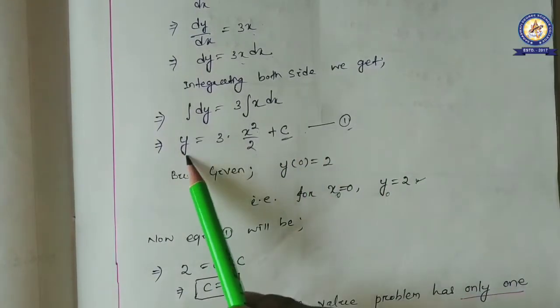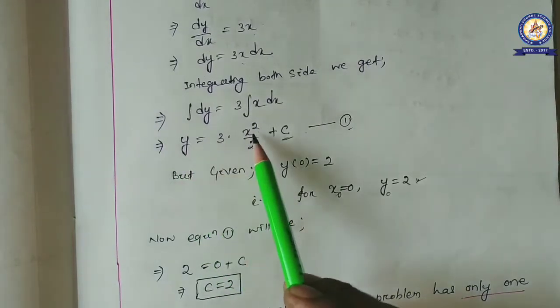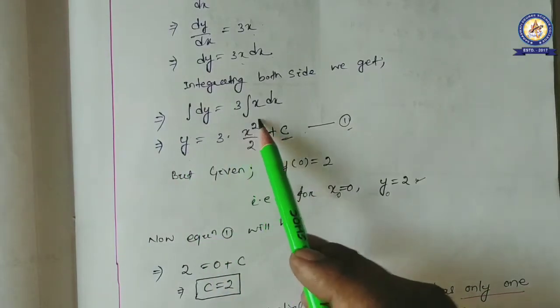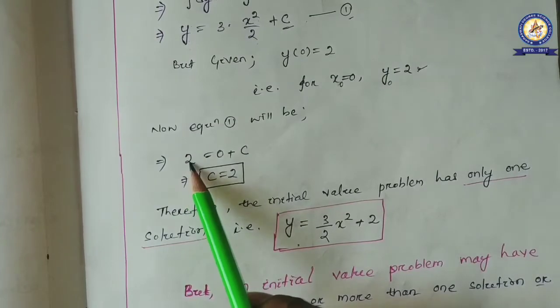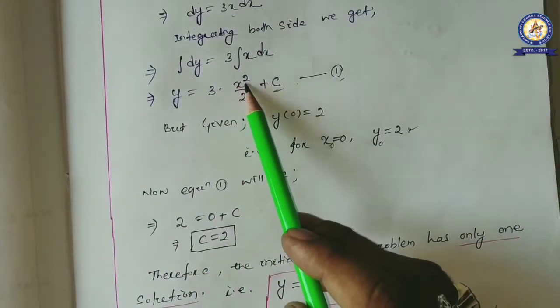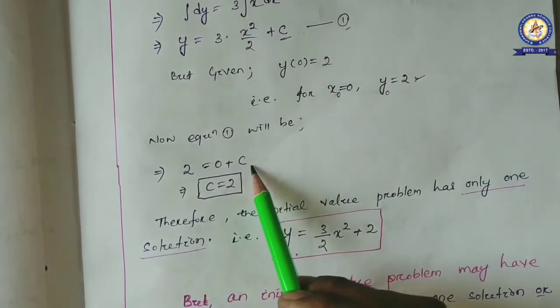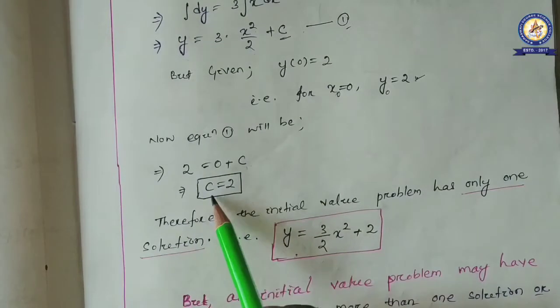So y will be 2 when x value will be 0. So 2 is equal to, if I put x equal to 0, then this term will be 0 plus c. That implies c, the constant, will be equal to 2.